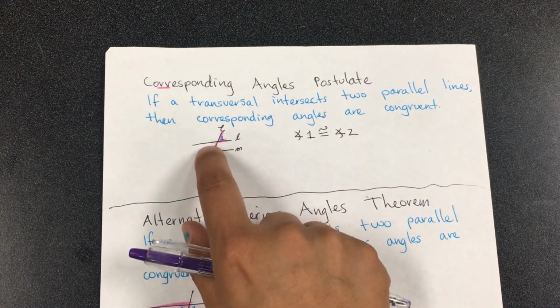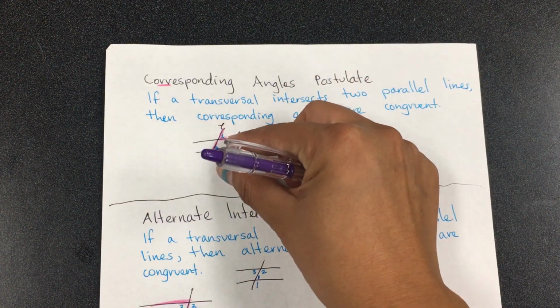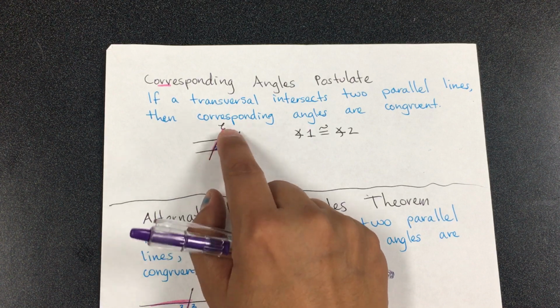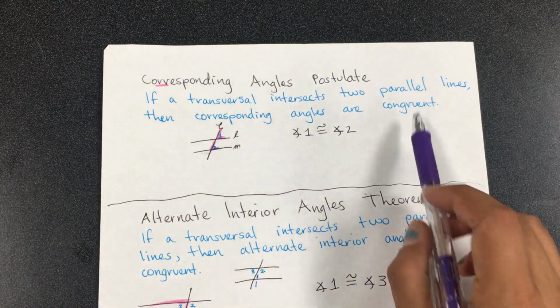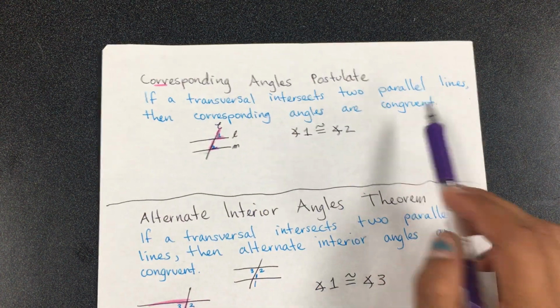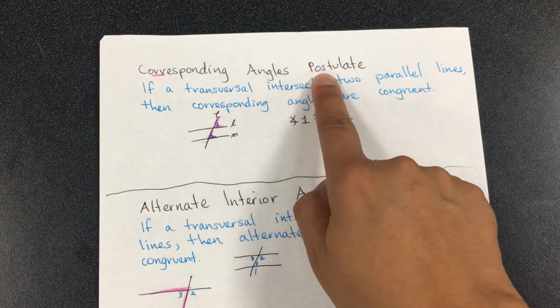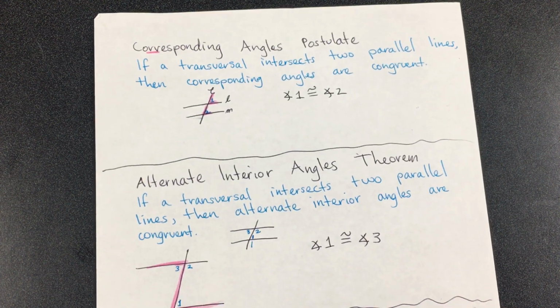It's like if you cut it halfway, you grab that piece and you put it on top of the other, then the corresponding angles are angles that fall exactly on the same place. And those are congruent, meaning that they have the same measurement. Again, it's a postulate, so it's taken as true even though there's no proof.